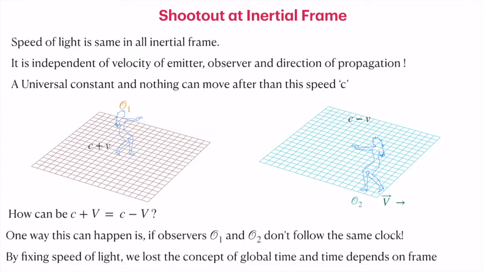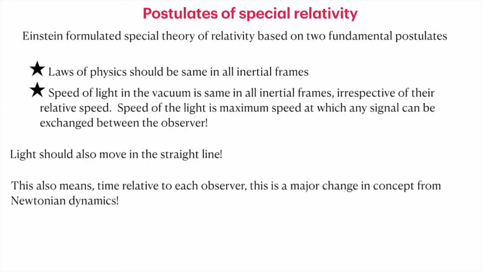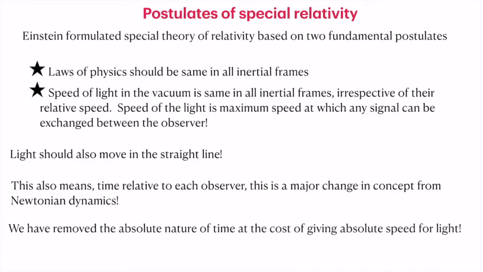We have fixed the speed of light, and lost the concept of global time, and time becomes frame dependent. So this is another important concept. In Newtonian dynamics, time is an absolute quantity, and here, instead of time, the speed of light becomes an absolute and universal constant, and time loses its status as an absolute quantity and depends on the observer.